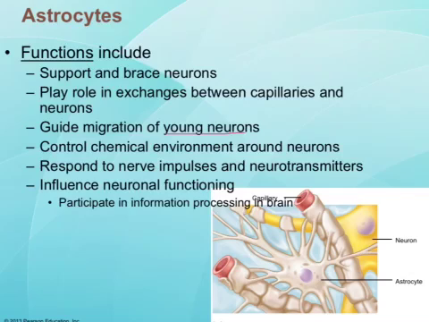At the same time, because it controls the environment of the neuron, it controls the chemical balance and ion concentration around the neurons. And for nerve impulses and neurotransmitters, sometimes it can influence those as well. So the astrocyte is most abundant, and it does influence the nervous system and neuronal function.